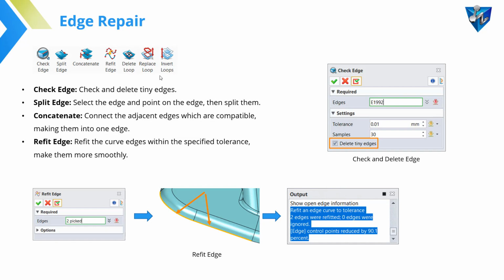With this function, after selecting the edge and the point, the edge will be split. Third, concatenate. With this function, compatible adjacent edges will be made into one edge. Fourth, refit edge, as shown in the picture below. This function will refit the curved edges within the specified tolerance, making them smoother.